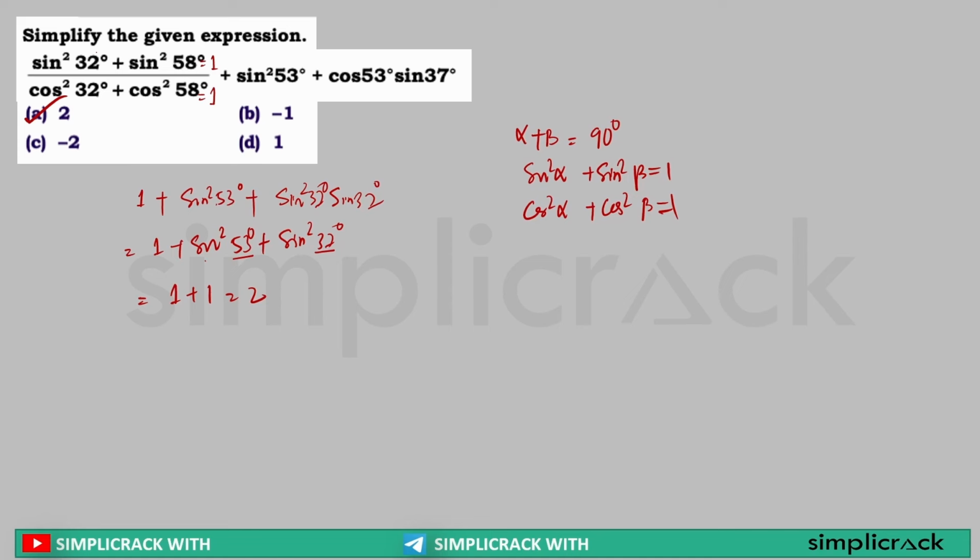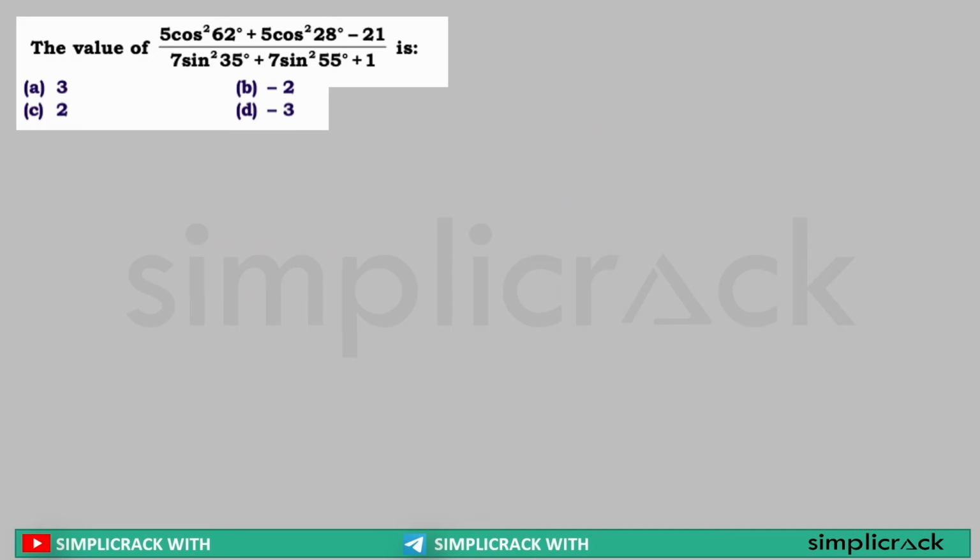Clear? Sorted? Next. Sir, 5 cos square 62 plus 5 cos square 28 minus 21. See, from this above, if I take 5 common, it is cos square 62 degree plus cos square 28 degree. Yes or no? 62 plus 28 is 90. So this whole part will be 1.